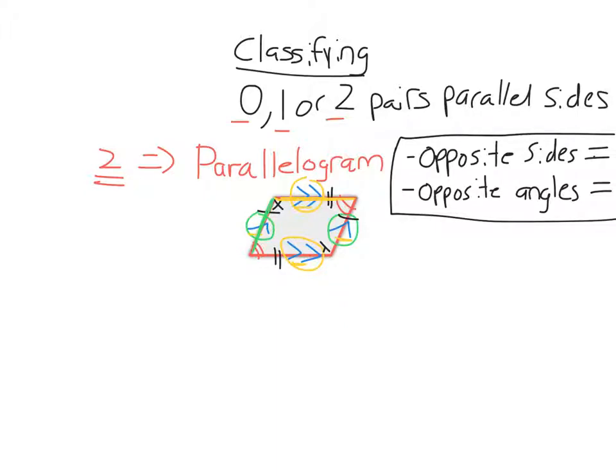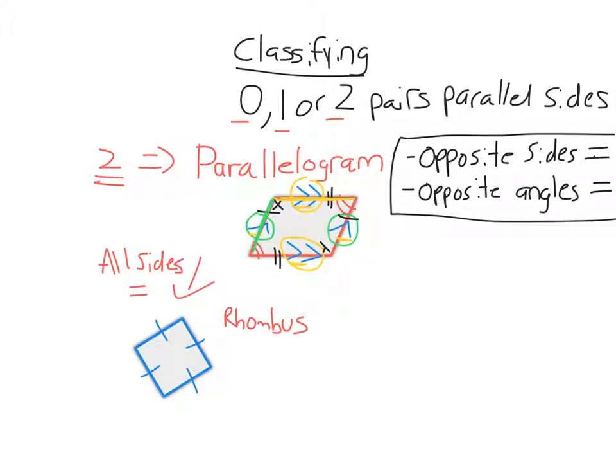Now, if all 4 sides are equal to each other, we have a special name for that. If all 4 sides are equal, we call the shape a rhombus. So a rhombus is also a type of parallelogram because it has 2 pairs of parallel sides. So if it's a parallelogram with all 4 sides equal, then the shape is called a rhombus.